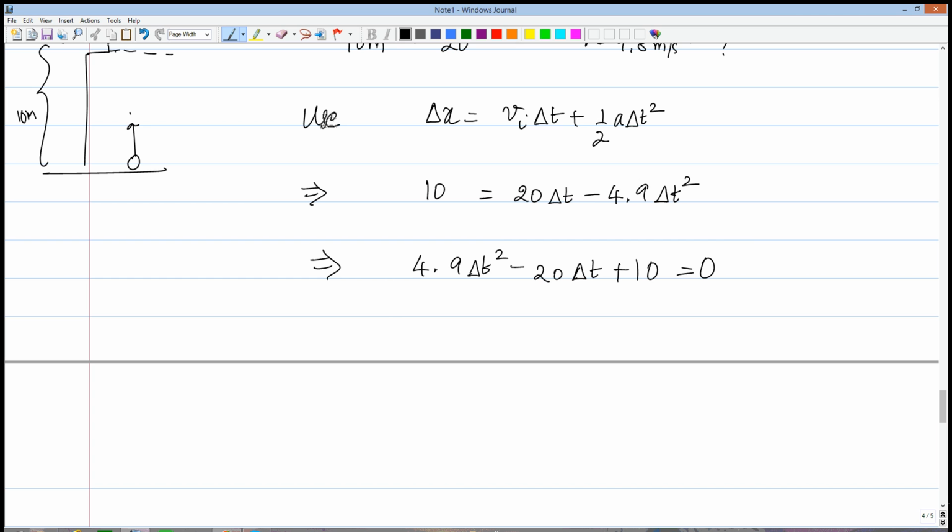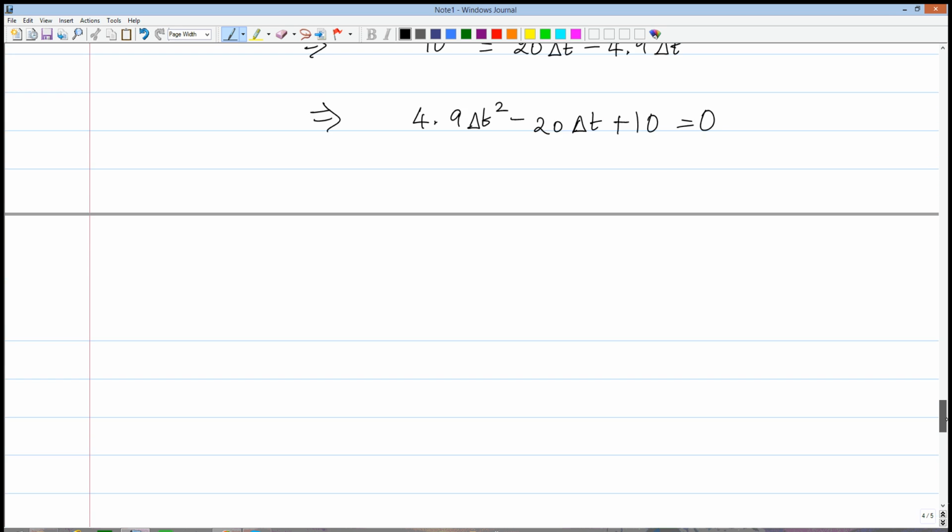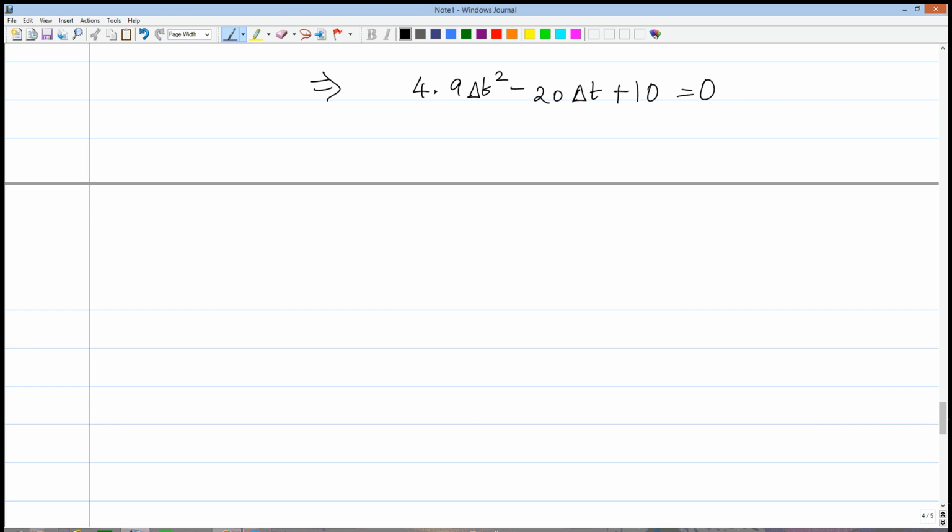Like I said, it's always a good idea to move the delta t squared term in such a way that its coefficient is positive, so that we don't have to deal with too many signs. Now at this point you have a quadratic equation, and we're going to use the solution to the quadratic equation to figure this out.